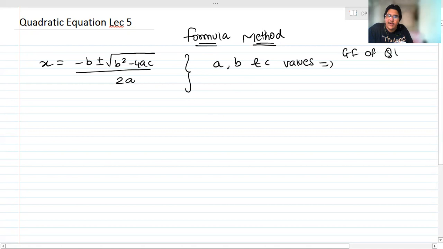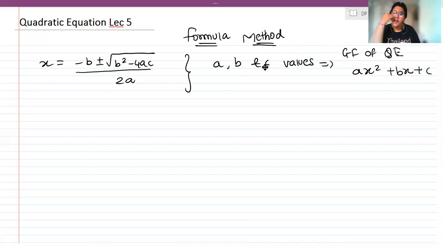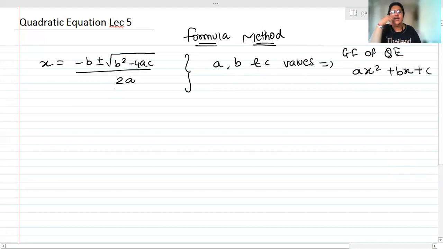General form of quadratic equation, which is ax square plus bx plus c is equal to 0. Okay, and what else you should know about this is कि अल्फा एंड बीटा क्या रोल प्ले करता है. बेसिकली अल्फा एंड बीटा आर टू रूट्स, एंड we denote it using the same formula.